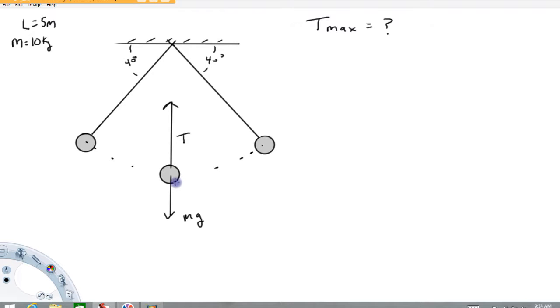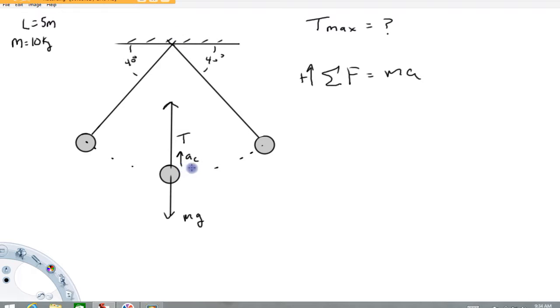Now I'm going to write a Newton's second law equation for my free body. Sum of all forces equals ma, up positive. Why did I decide up positive? Because of my observation that the acceleration direction at this instant in time is up, because it's a centripetal acceleration directed towards the center of curvature, and my standard rule of thumb is to identify the acceleration direction and call that positive.